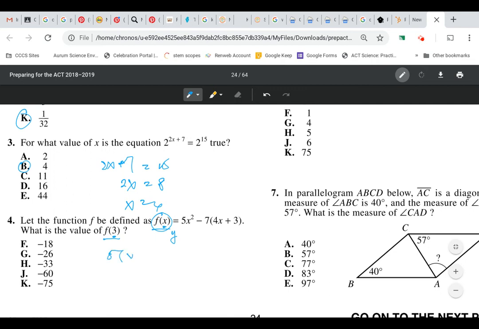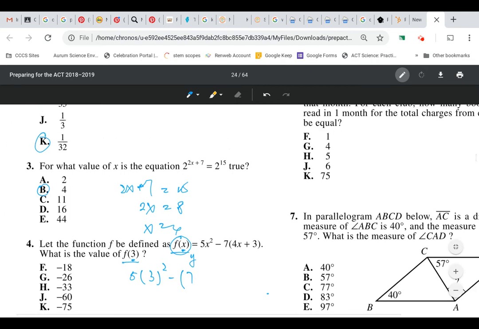5 parentheses. Every time you replace a number, make sure you have parentheses. Minus 7 parentheses 4 parentheses 3 plus 3.